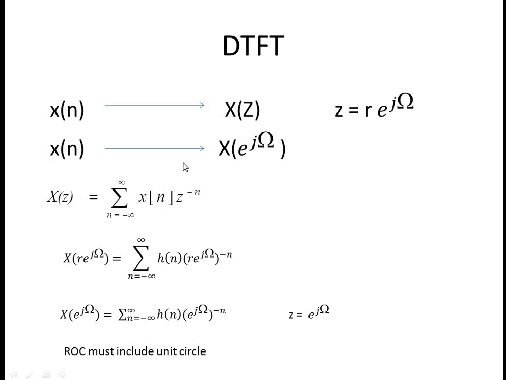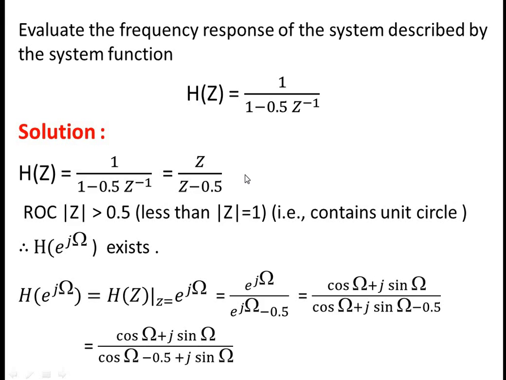Stable in the sense that the ROC is going to contain the unit circle. So what we are trying to infer from this slide is that the ROC must contain the unit circle, and only for stable systems can we apply the discrete time Fourier transform. Now we'll move on to the numerical problems.